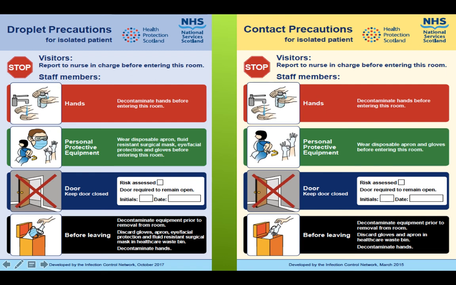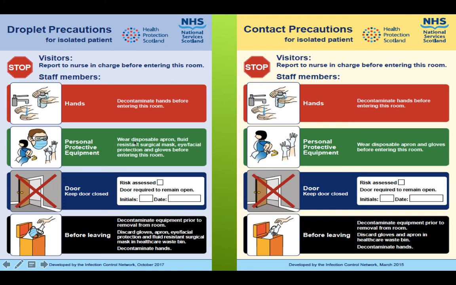So, as we said in the beginning, number one, decontaminate yourself. You're going to decontaminate your hands before entering any room where this patient may be, by sanitizing or washing your hands before entering. Then you're going to use your personal protective equipment.